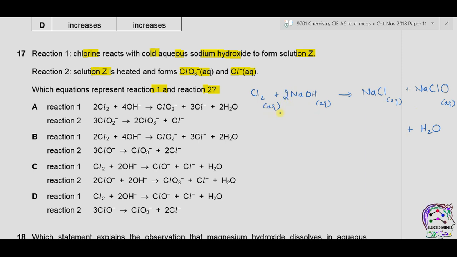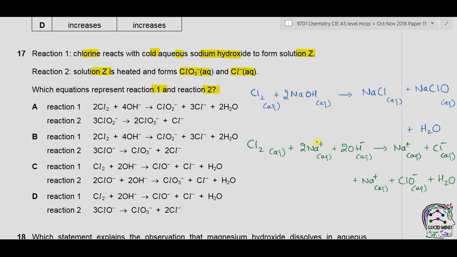Now we can write ionic equation for this reaction. It will be Cl2, sodium aqueous, hydroxide aqueous, sodium chloride, NaClO, and H2O.